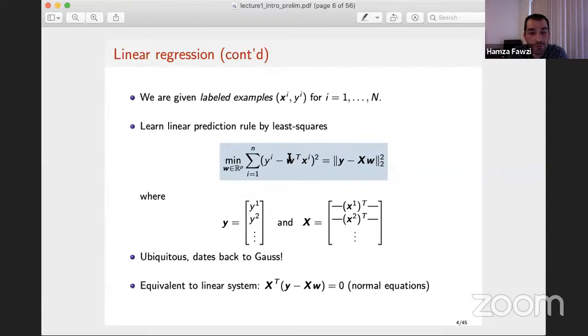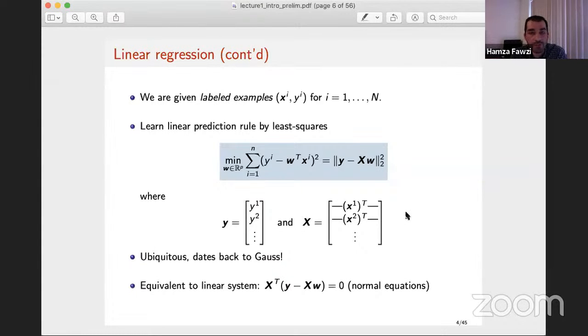W here is the variable that I'm trying to learn. I can write this in a more compact notation as the norm of y minus Xw squared, where I've collected all the response variables in a vector y, y1, y2 up to yn, and all the predictor vectors in a matrix big X.